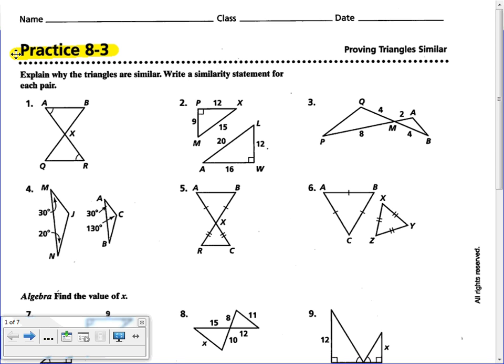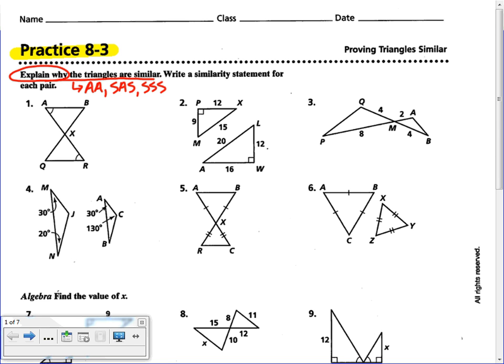If I look at the directions at the top, first, when it says explain why they are similar, the first thing I want to think of is my answer needs to be either AA, SAS, or SSS. So that's the first piece they want. They didn't tell me to decide whether or not they were similar. They said explain why they are similar.